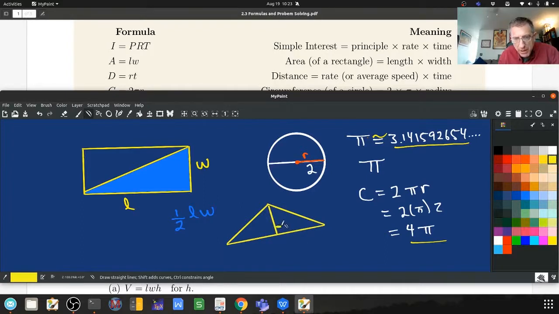So this is a right angle here. We'll denote that by putting that little square there. So that turns out to be the height. And this entire length down here is the base. In which case the area is 1/2 the base times the height.